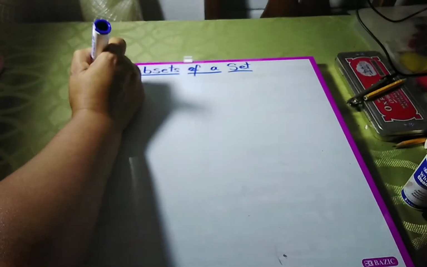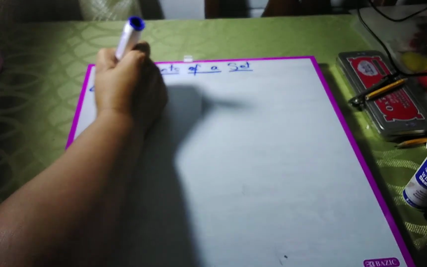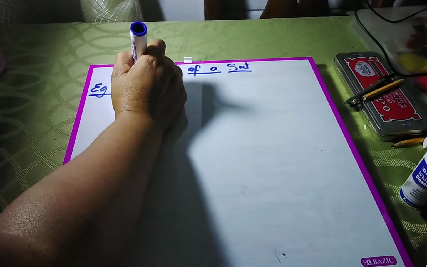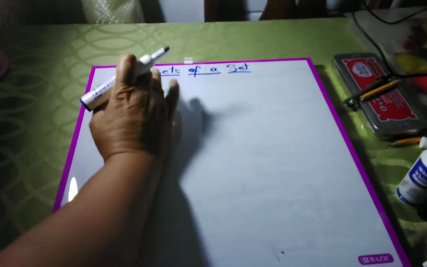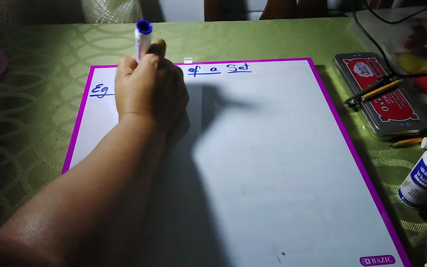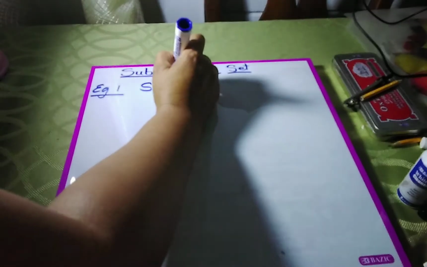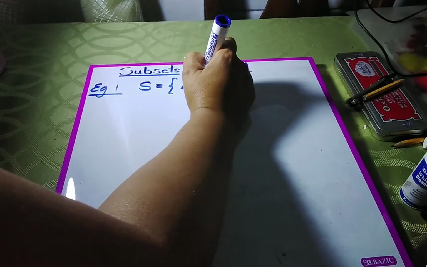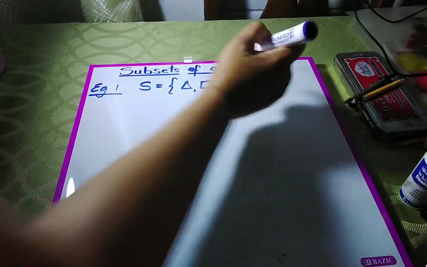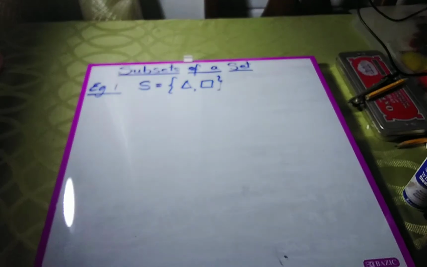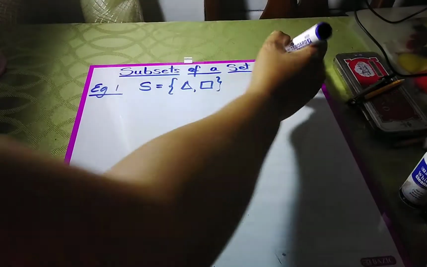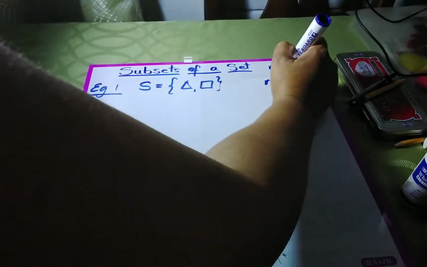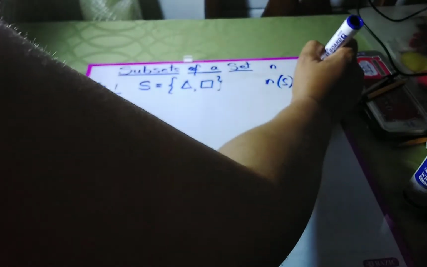For example, let's call this set S to represent shapes. Let's say this set has a triangle and a square. So we recognize that the number of elements in that set is 2.